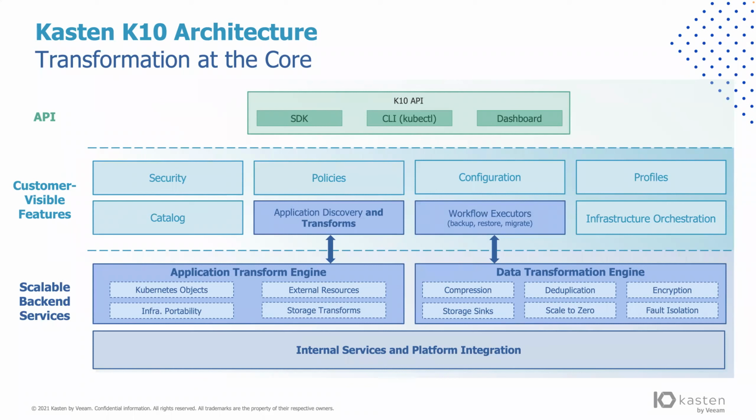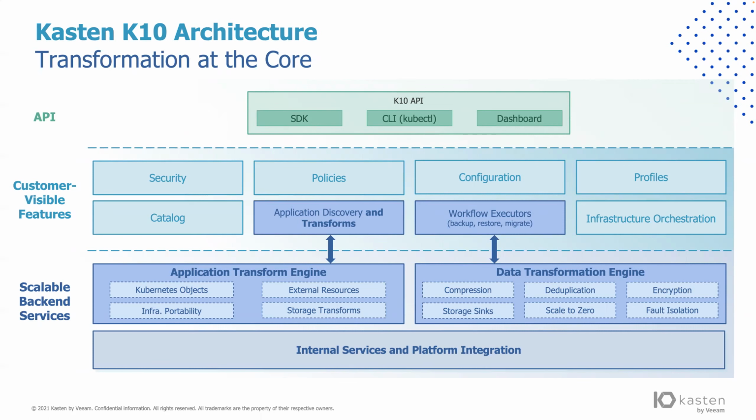And another example is you might want to transform some of the Kubernetes resources or objects. Initially, you might have 5 deployments, let's say 5 replica sets, but when you move to Google Cloud, you might want to increase to 10 or 20. So part of the restore process will allow you to transform these objects.